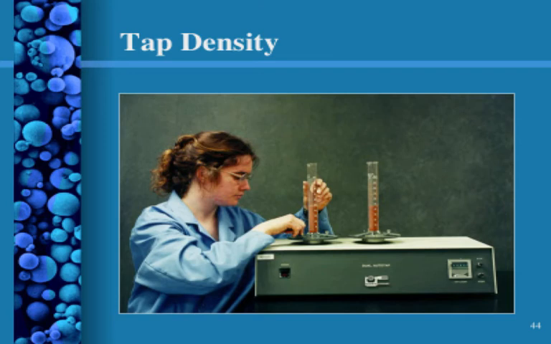The cylinder fills with powder, is clamped down, and just moves up and down. With the mechanical vibration, after that whole test you find out the new volume. You put in a known weight, and with mass over volume you get tap density.